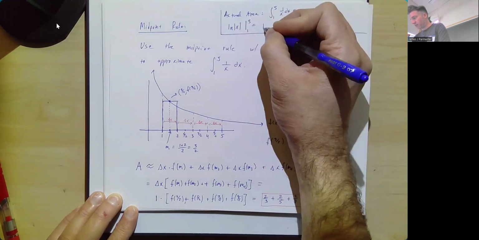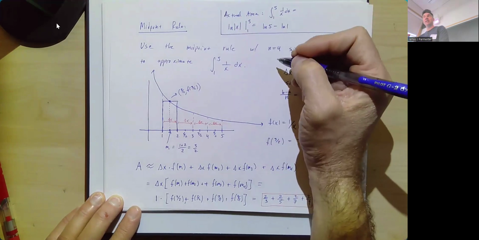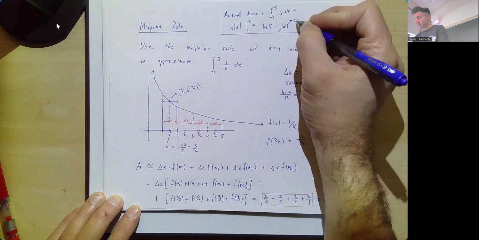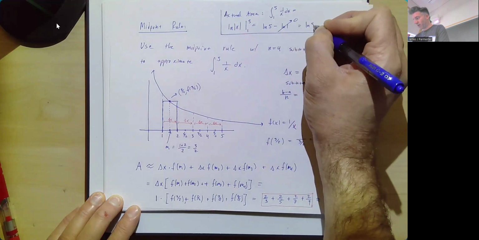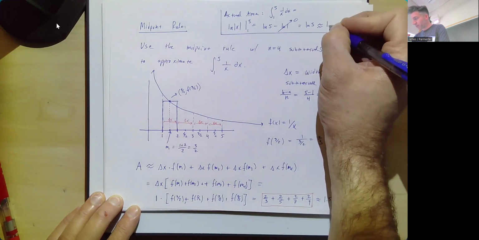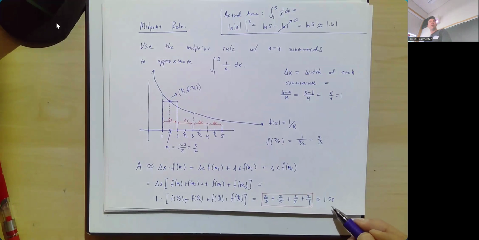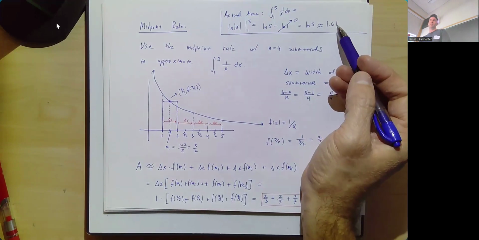Plug in 5, natural log of 5, minus plug in 1, natural log of 1. Natural log of 1 is 0. So this is equal to the natural log of 5, and if you use a calculator, that's approximately 1.61. So our estimate, 1.58, is a pretty good estimate of the actual value, which is close to 1.61.